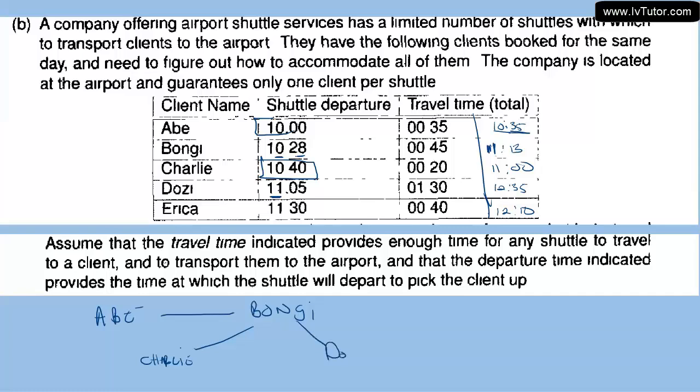So Dozy needs another shuttle, right? And then Wongi and Erika, Wongi's shuttle is back, so it can collect Erika. There's no constraint there. And then we go to Charlie. Charlie starts at 10:40 and will be back at 11. So Charlie can collect Dozy fine. There's no constraint between those two, and no constraint with Erika as well. Okay, sharp.